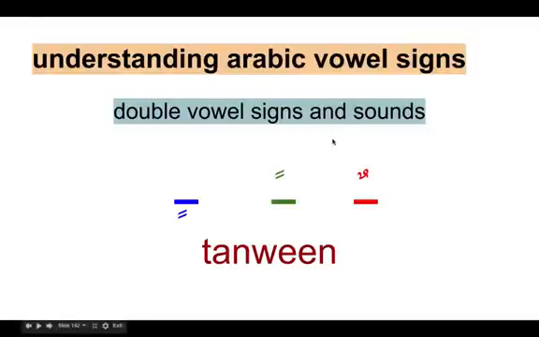So we learned about single vowel signs. Then we have what are called double vowel signs, when we have two dhammas, two fathas and two kasras. What do they signify? These are called tanween. Tanween means double dhamma, tanween fatha and tanween kasra.